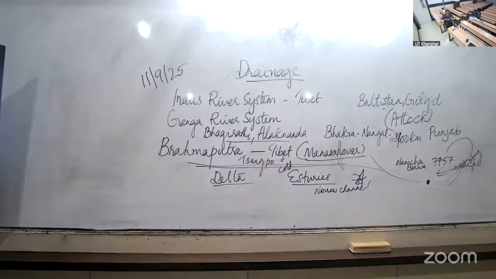Next point, estuary does not have fertile lands. Narmada and Tapi rivers form estuaries.